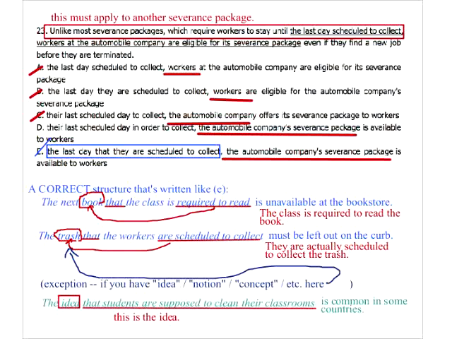But if you have a concrete word like book or trash, then that is the object of the action. The book that I read, I'm reading the book. The date that I planned, I planned the date. The next book that the class is required to read, the class is required to read the book. So this one doesn't have that problem.